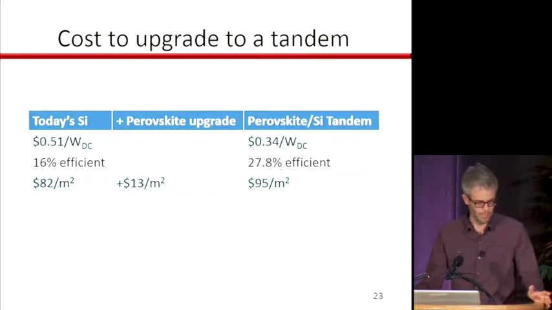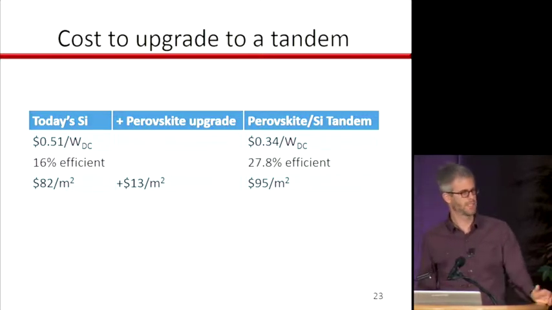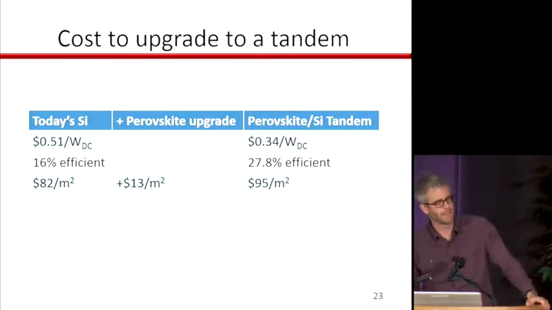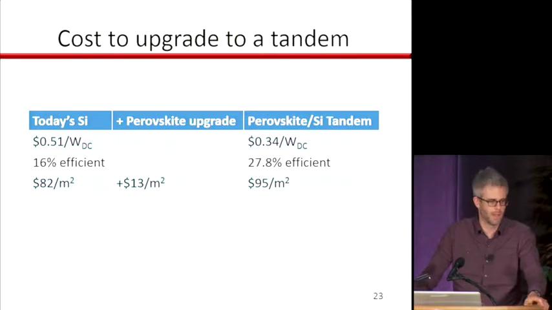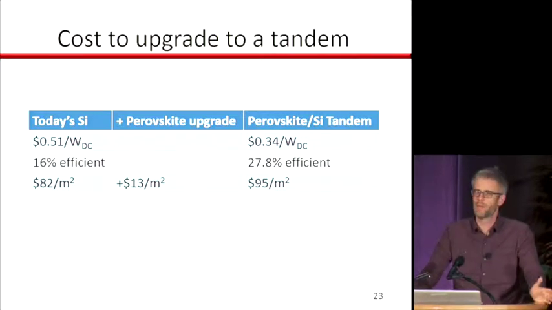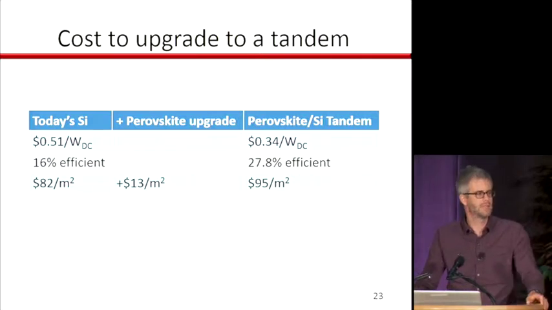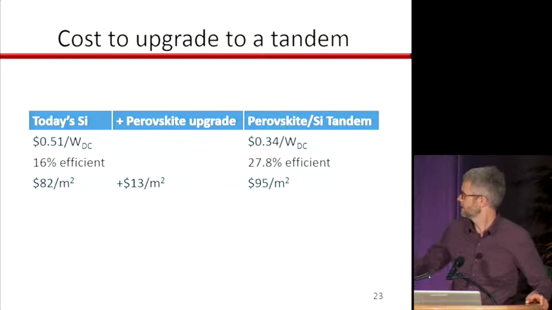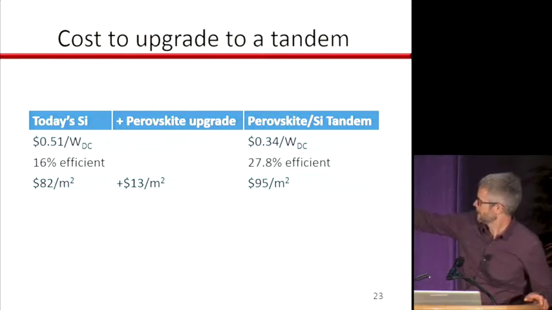If we look at multicrystalline silicon, which today is something like 50 cents per watt, and the panels are 16% efficient, or you could also look at $82 per meter squared, we think we'll add 13, taking it to 95. And maybe we're not quite fair on efficiency.